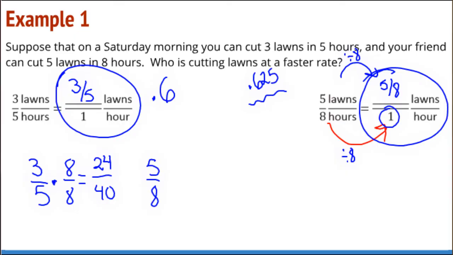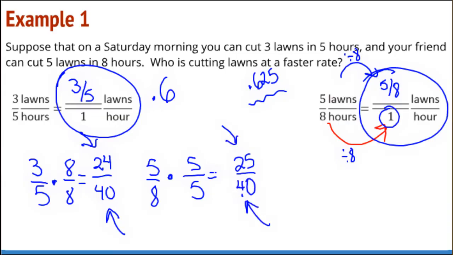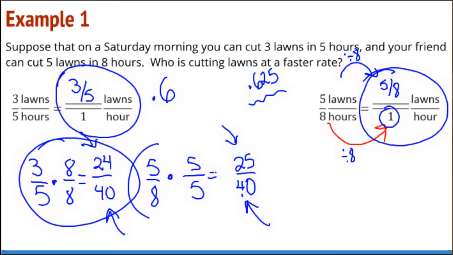So in 40 hours, I would cut 24 lawns. And in 40 hours, my friend would cut 25 lawns. So here, instead of scaling down, I have scaled up and made a comparison.